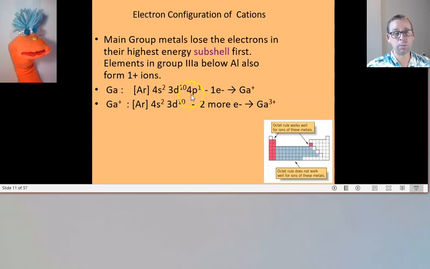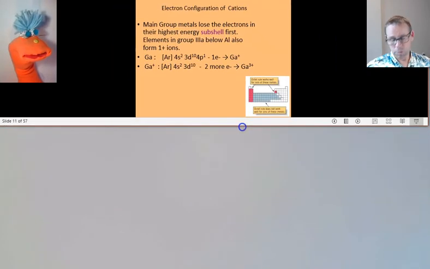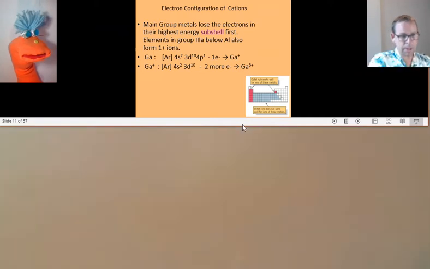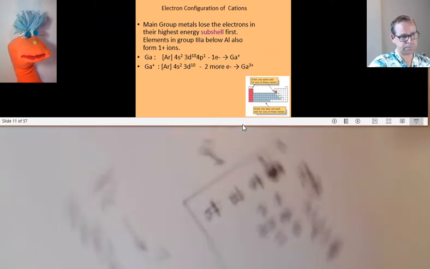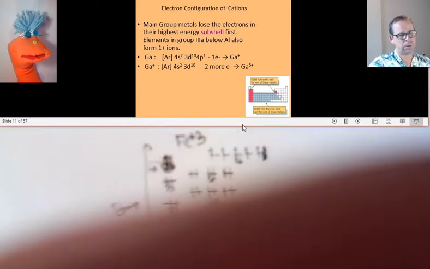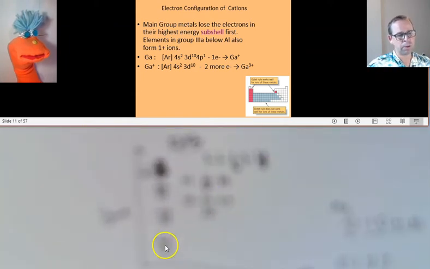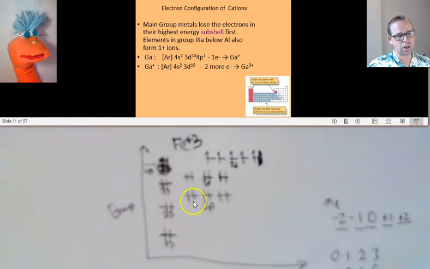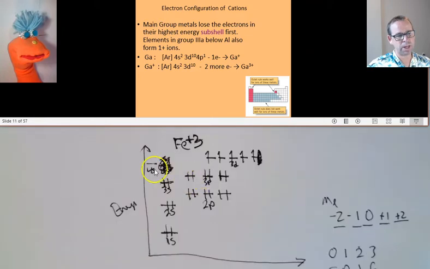Now, according to our energy diagram, both 4s2 and 4p1 are valence electrons, but according to our energy diagram, 4p1 is slightly higher in energy. Do you agree with that? I don't know what you mean. Well, remember, when we write our orbital diagram like this, for example, we had our iron here, right? Each orbital, or each subshell that we draw as we make this orbital diagram, goes a little bit higher in energy.